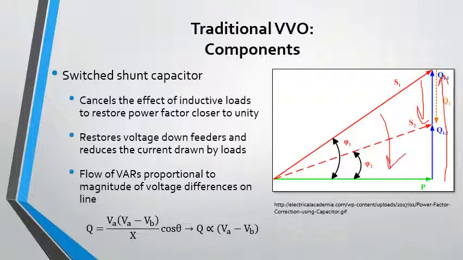This restores voltage down the feeders and reduces the current drawn by the loads. The flow of VARs is proportional to the magnitude of voltage differences on the lines. This is why it's important that the voltage is maintained within PU range all the way down the feeder. The switch shunt capacitor is important in that it can be turned off and on as the VVO program requires.